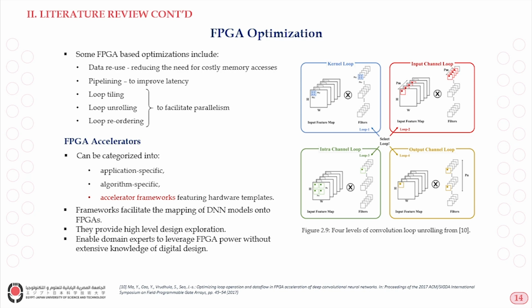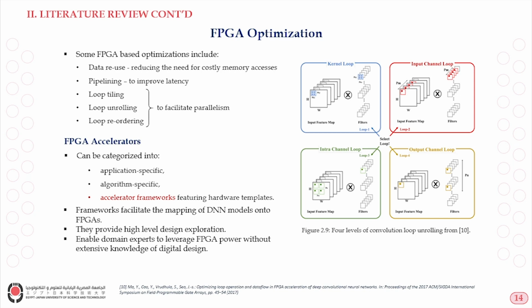So we reuse data that we get into the FPGA, and do pipelining so as to improve latency, like to get results faster. And also because we said a convolution is highly parallel, it has so many loops, you can perform certain loop rearrangements and unrolling, and also tiling certain operations together so as to increase efficiency.